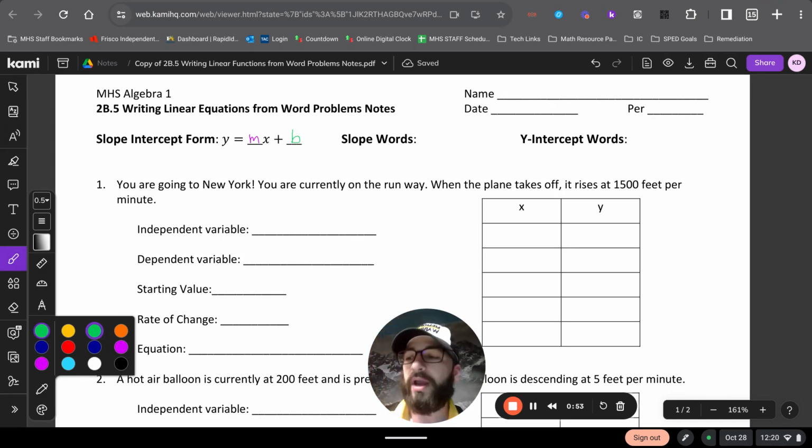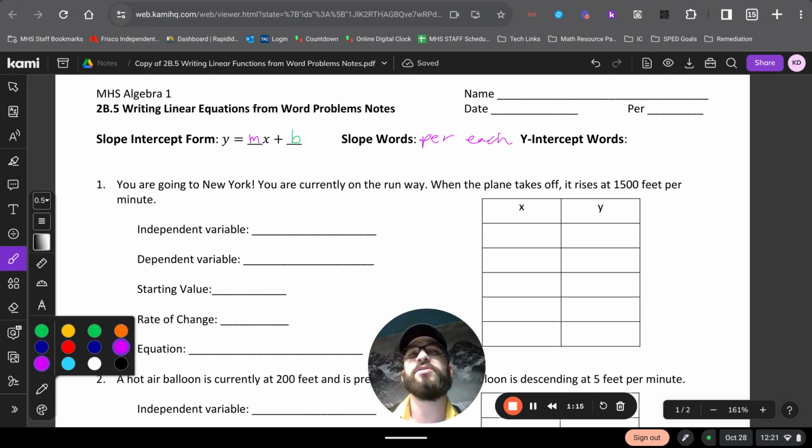And when we're trying to write these equations in slope-intercept form, what can be really important is trying to look for some of those words that might mean slope and some of those words that might be y-intercept. So some dead giveaway words for slope: per is a big one. Each comes up a lot.